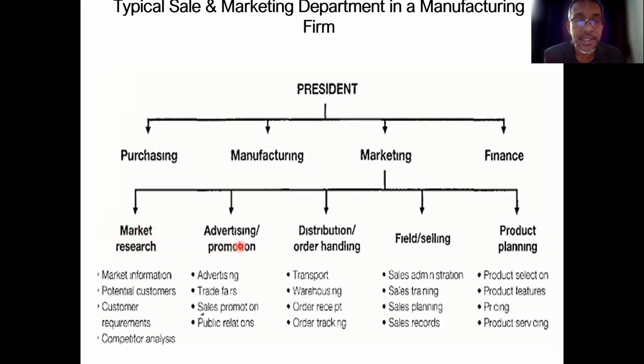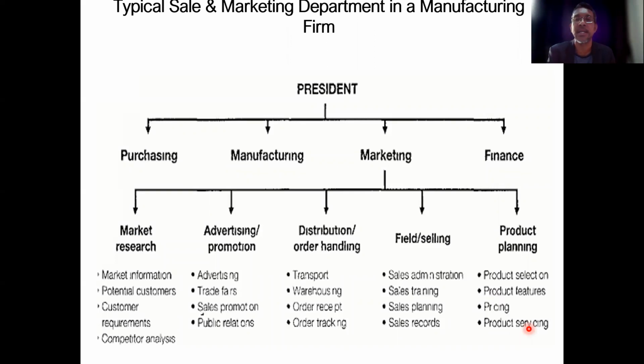And then we also have promotion, advertising to advertise the product, and then distribution and handling, transport, warehouse, selling, sales, training, planning, and then product planning. So product selection, product features, pricing, and product servicing.